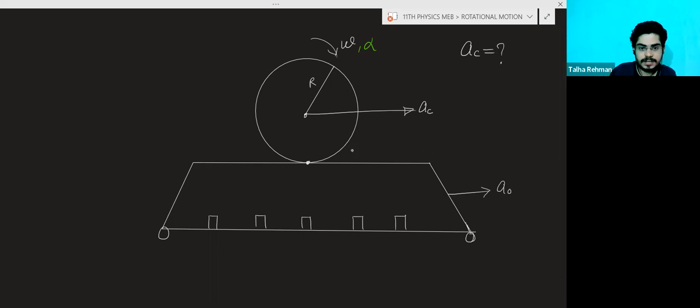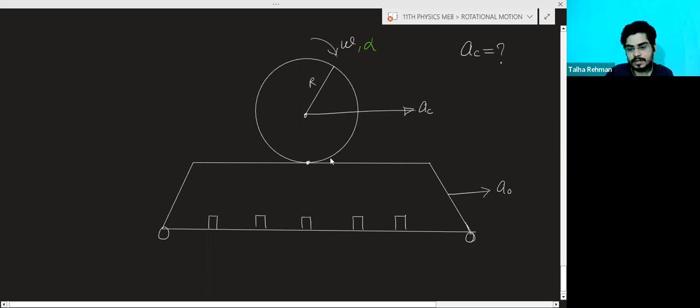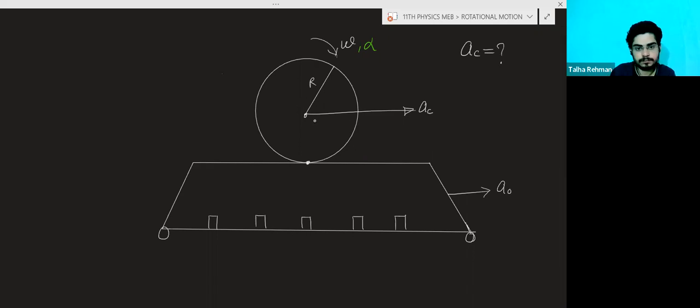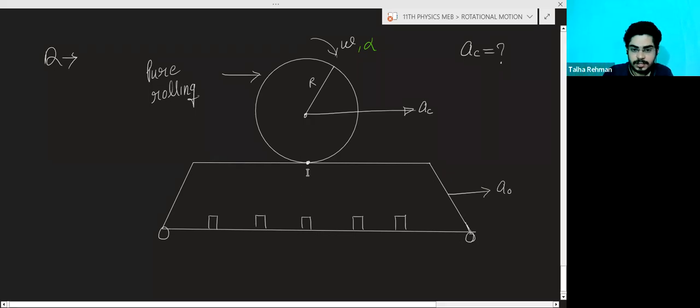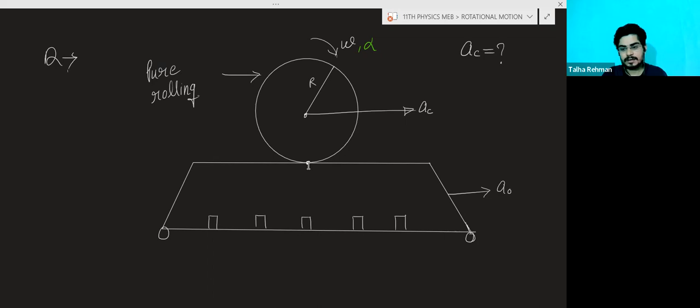In this question, it is given that this body is performing pure rolling. So now we know that in case of pure rolling, the point of contact should be at rest.